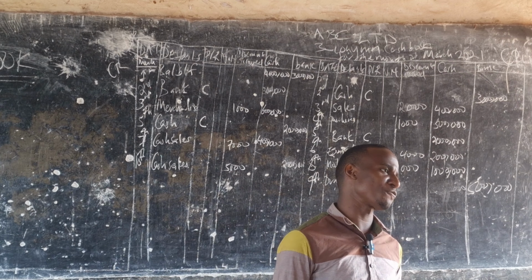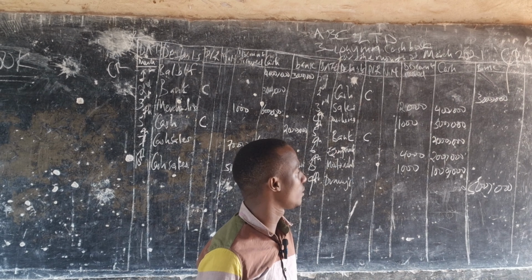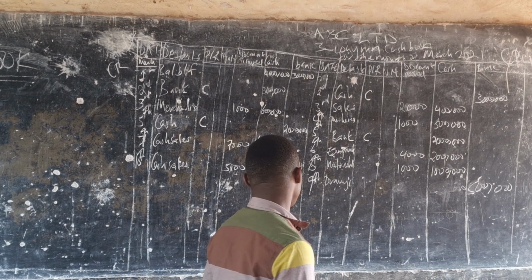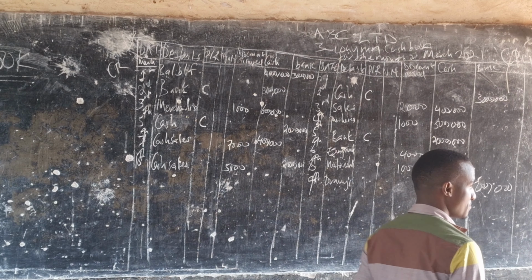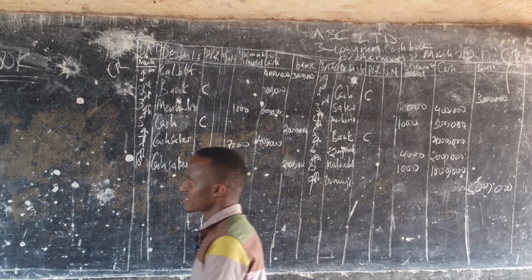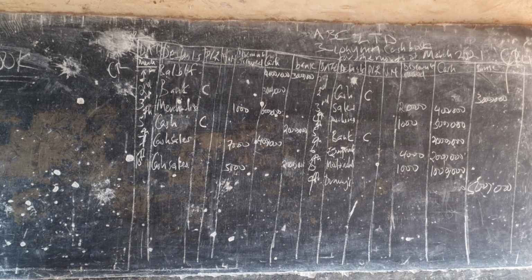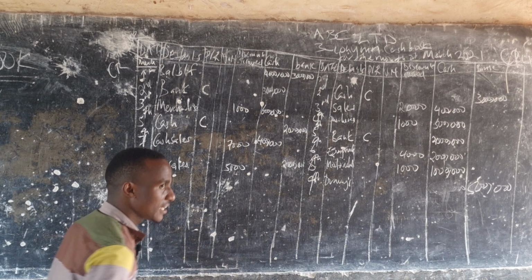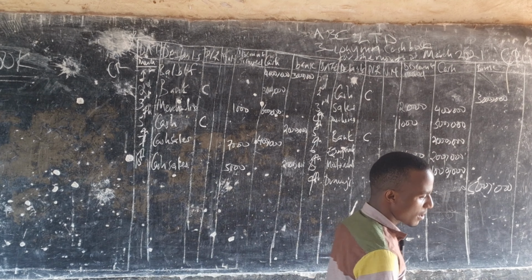Those are the 3 categories of contra entries. So be mindful of how contra entries must be entered. Each transaction entered correctly in its right position, you get a full mark.